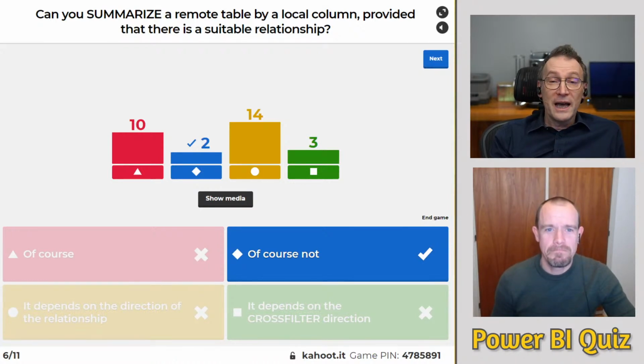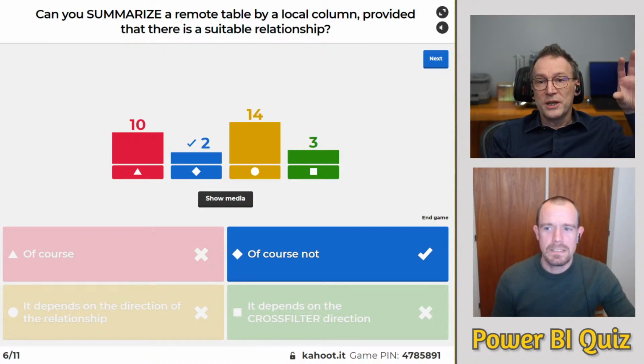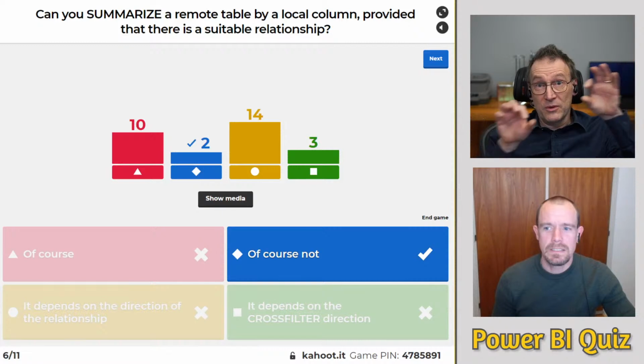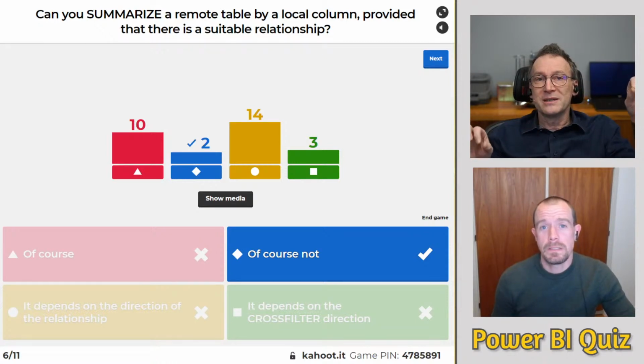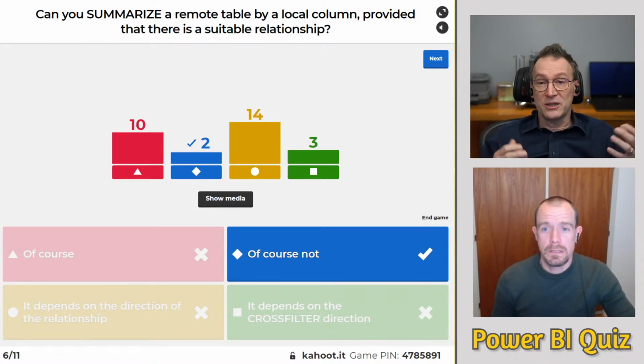Because the correct answer is, of course, not. The reason is, when you build a relationship between a remote table and a local table, you have a remote table, you have a local table, they are linked through a relationship, but that relationship, the one linking the two tables, is what they now call a limited relationship.